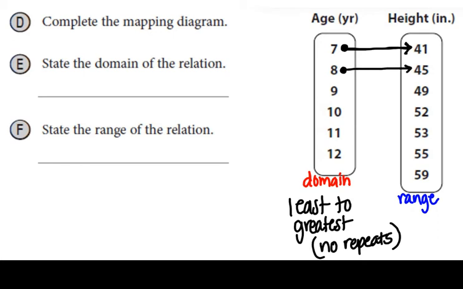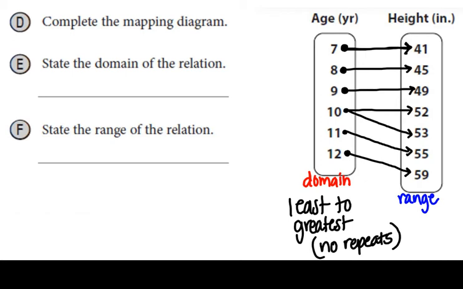That arrowhead is very important. 9-year-old, 49 inches. 10-year-old, there were two of those. One was 52 inches, the other one was 53 inches. The 11-year-old, 55 inches, and the 12-year-old, 59 inches. And that's a mapping diagram.